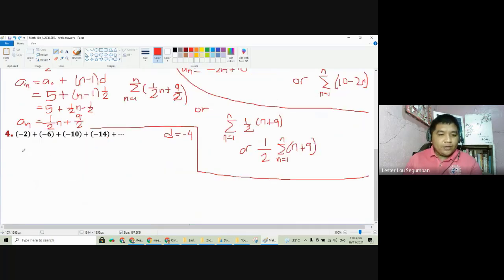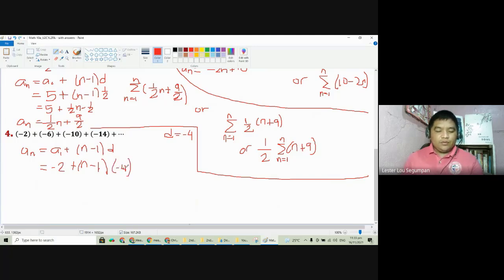In number 4, our last item here, still, we have a sub 1 plus the quantity n minus 1 times d. A sub 1 is negative 2 plus n minus 1 times that common difference, which is negative 4.